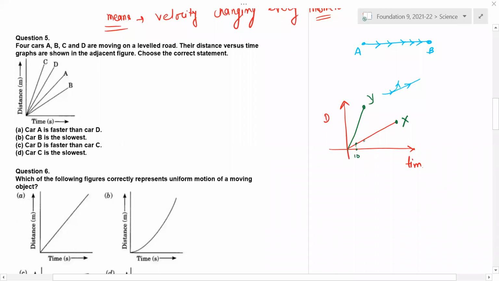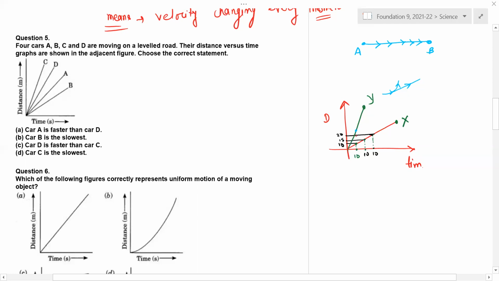This will be 10. Now in these 10 seconds, car X is traveling how much? This is the distance. Let's say it will be 10 meter, 15 meter, 20 meter. What about car Y? In the same 10 seconds, it had covered how much?